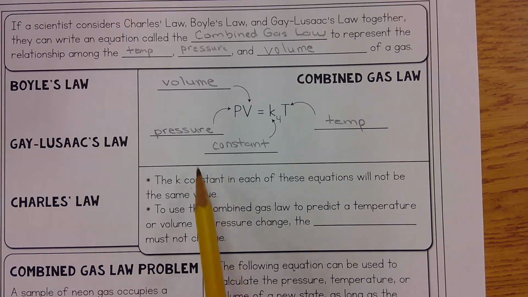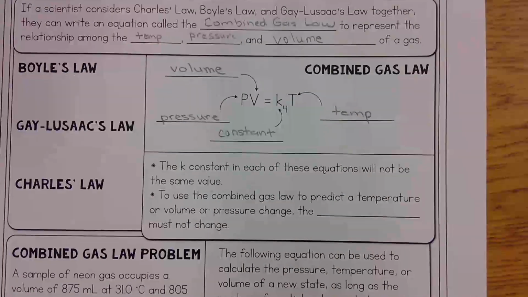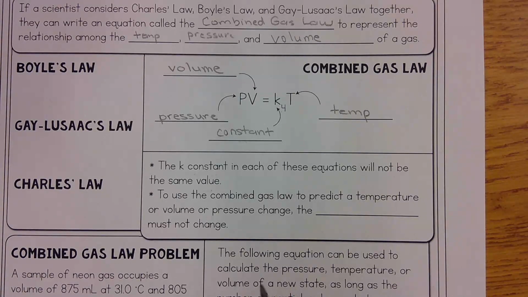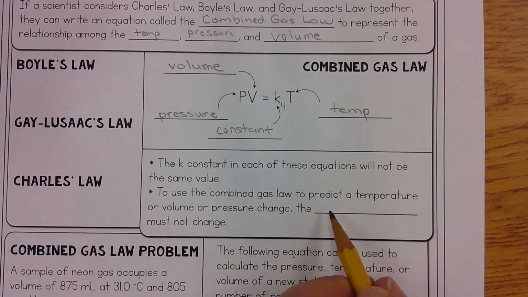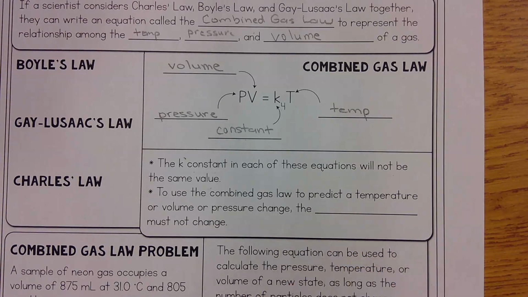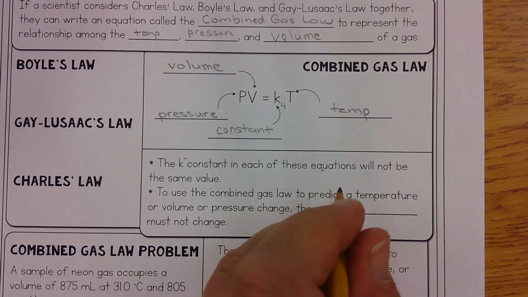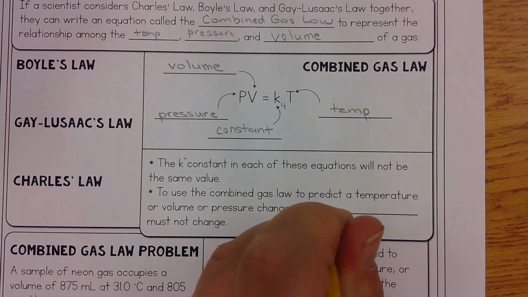So the way we work around that here for this combined gas law, and this will come up again when we talk about the ideal gas law in the next lesson, is that in order to use this to predict temperature, volume, or pressure change, the number of particles in a gas can't change.